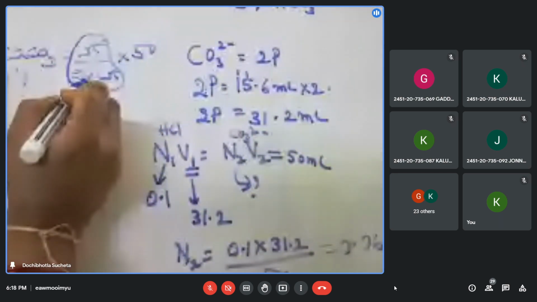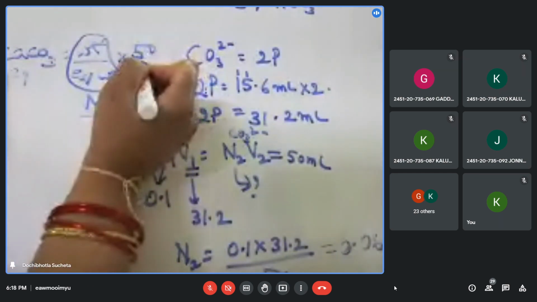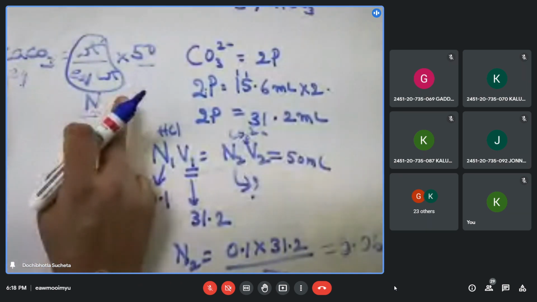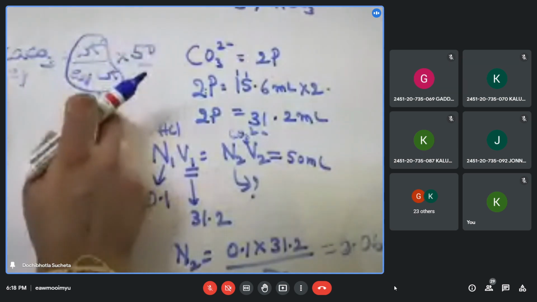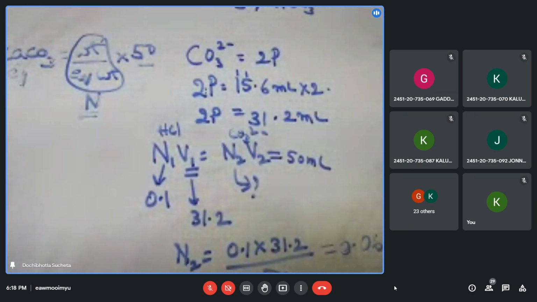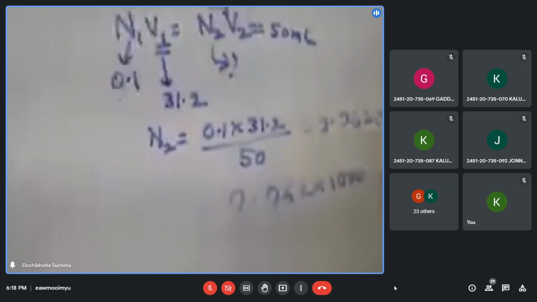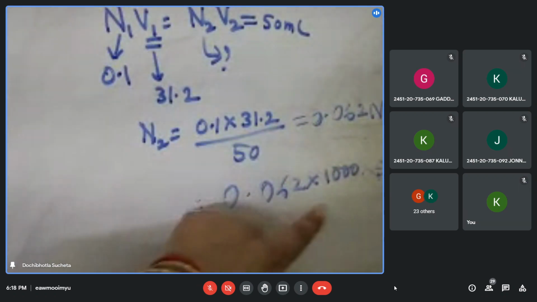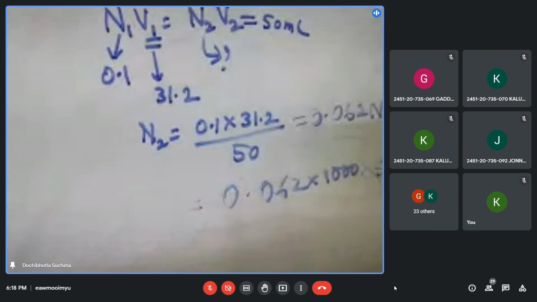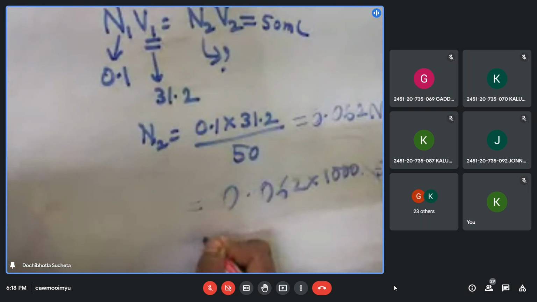Weight by equivalent weight is normality, into 50 gives calcium carbonate equivalents. Here, when I've got the answer for the concentration of carbonate, it is in grams, so I'm multiplying it by 1000 to make it milligrams, and then by 50, which gives the answer in calcium carbonate equivalents.